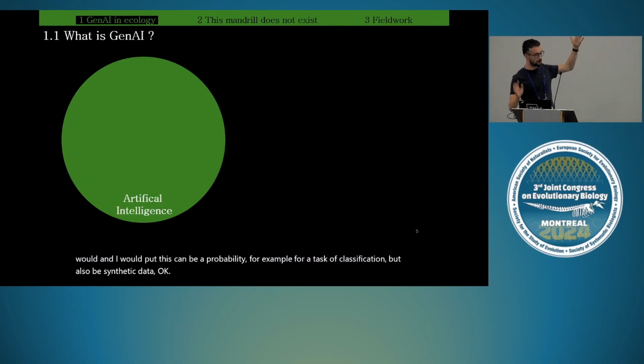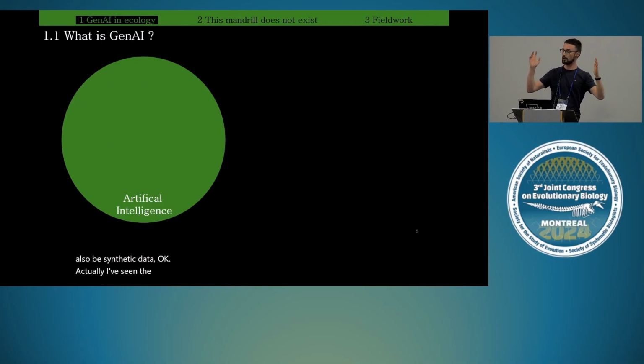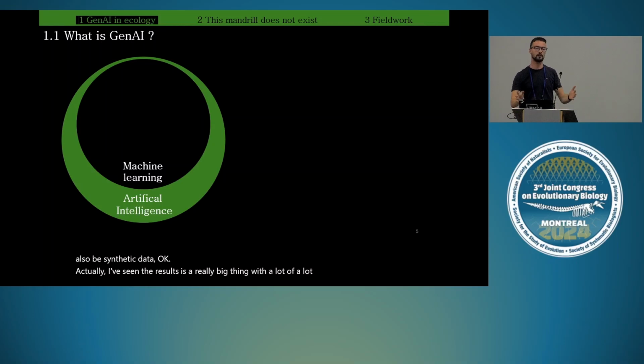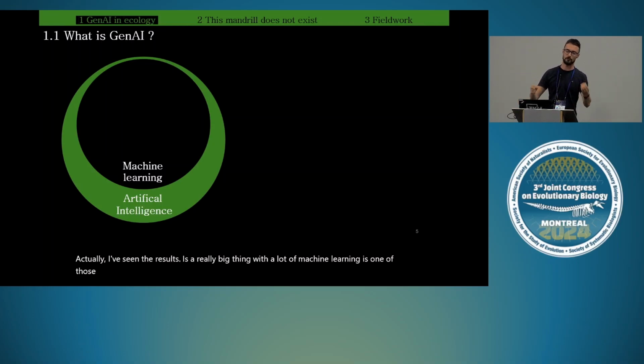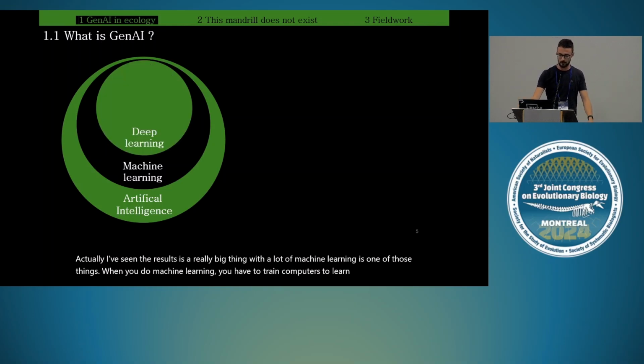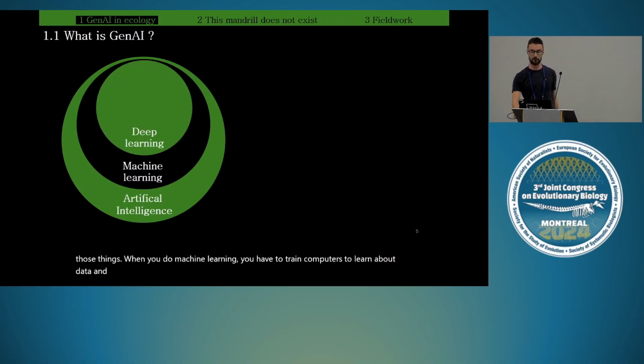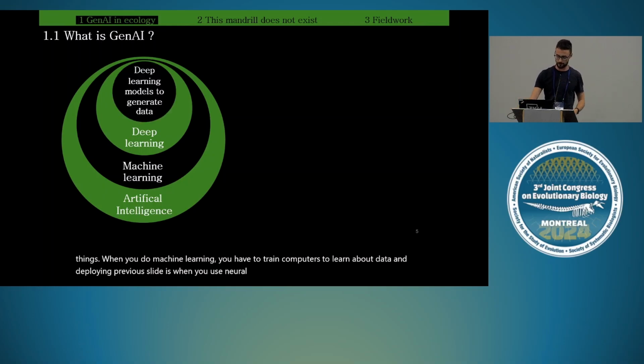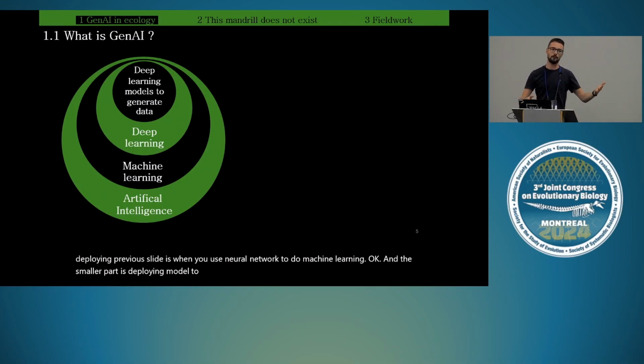Well, artificial intelligence is a really big thing with a lot of parts. Machine learning is one of those things. When you do machine learning, you have to train computers to learn about data. And deep learning is when you use neural networks to do machine learning. The smaller part is deep learning models that generate data, which we commonly call generative artificial intelligence.